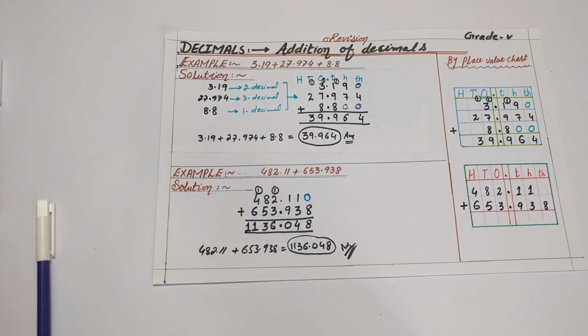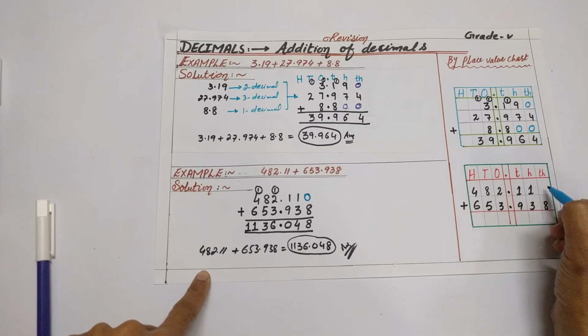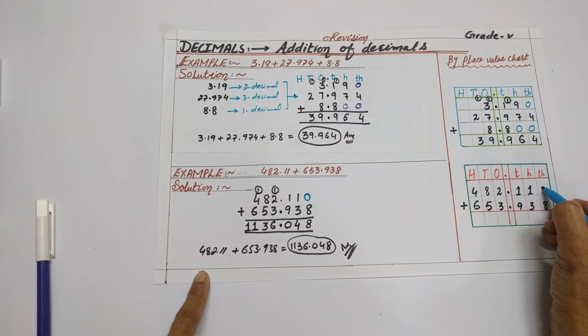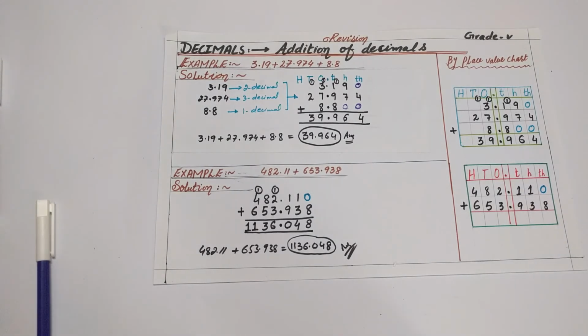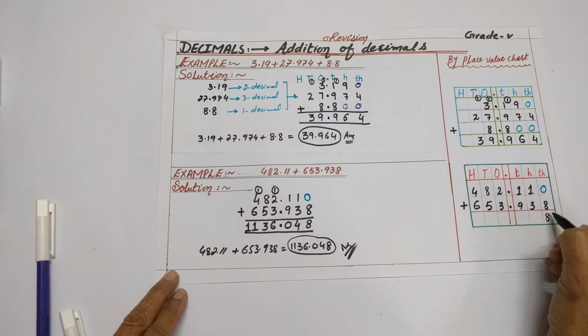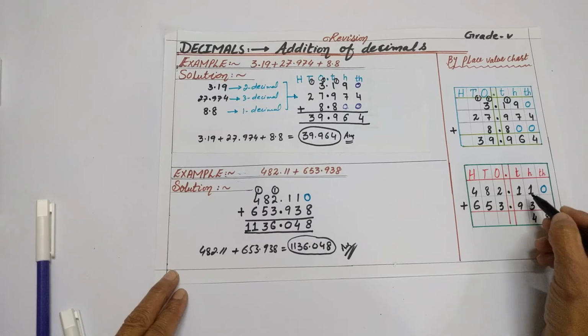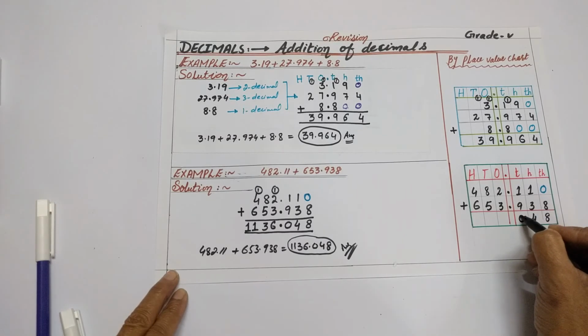So for the conversion into like decimals we will put 0 because the thousandths place is missing. We don't have any value for thousandths, that's why we are representing the thousandths as 0, and this 0 will not affect the value. So 8 plus 0 is equal to 8, 3 plus 1 is equal to 4, 9 plus 1 is equal to 10 in the decimal part.